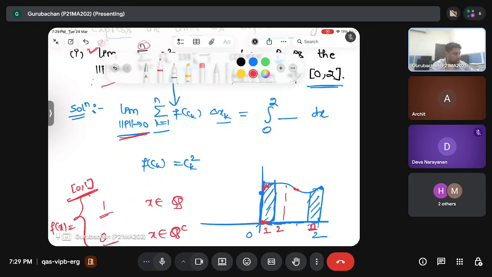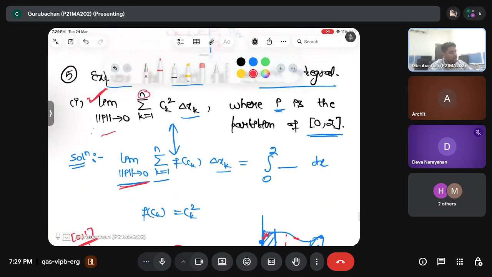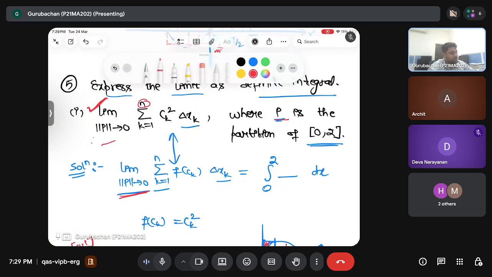Now tell me, here the partition is of the interval 0 to 2. So the limit will be 0 to 2. What can be the function? Observe, simply x square. Clear?